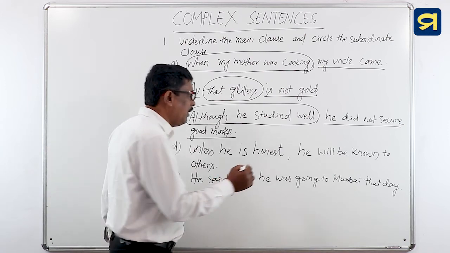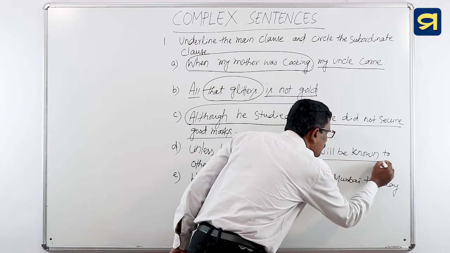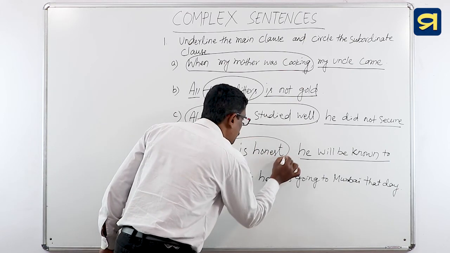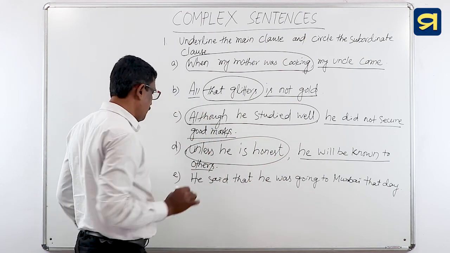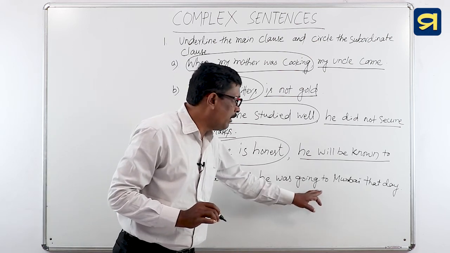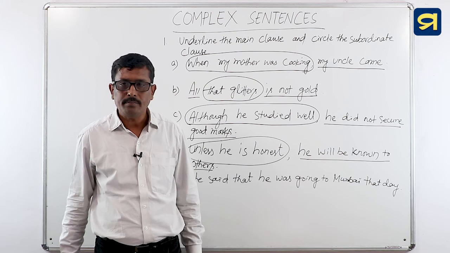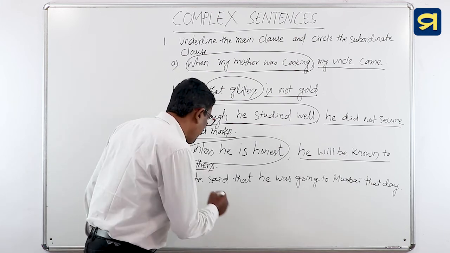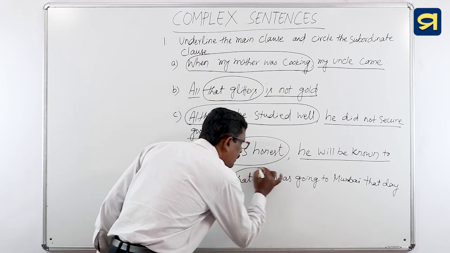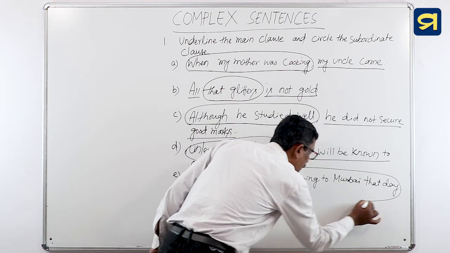Very good. He will be known to others is the main clause and unless he is honest is the subordinate clause. E. He said that he was going to Mumbai that day. Very good. The main clause is he said, and the subordinate clause is that he was going to Mumbai that day.